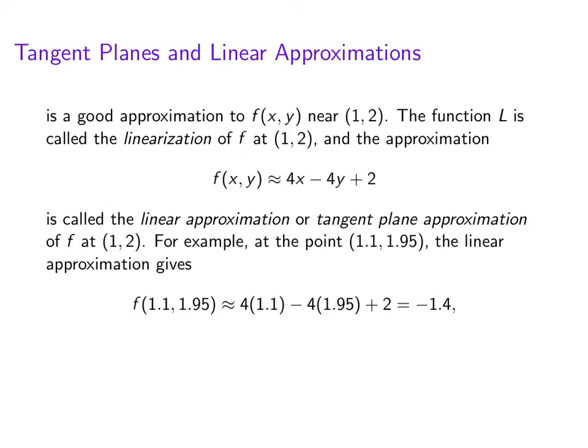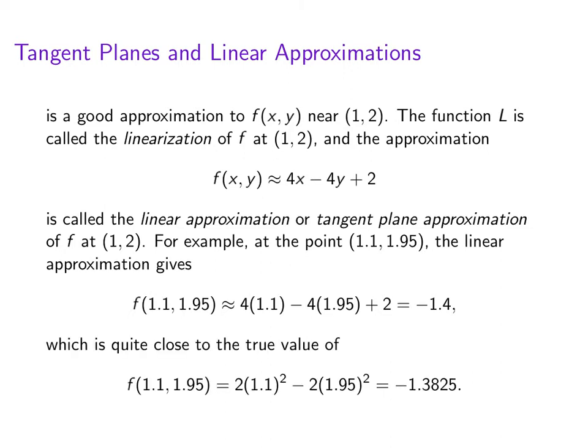Notice that this is an approximation, and it is pretty close to the true value of f of (1.1, 1.95), which ends up being negative 1.3825. So the whole point here is that these two numbers are very close. The negative 1.3825 is the true value of the function, and the negative 1.4 is the estimated value that we get using the tangent plane approximation.